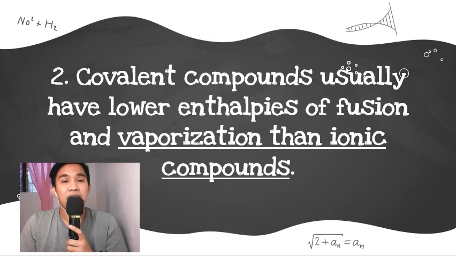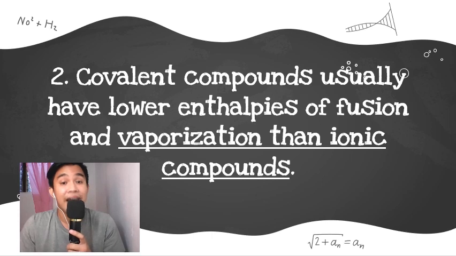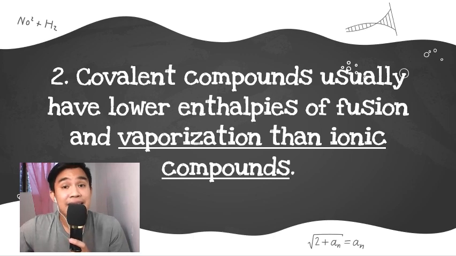Second property of molecular compounds, or covalent compounds, is that they usually have lower enthalpies of fusion and vaporization than ionic compounds. The enthalpy of fusion is the amount of energy needed at constant pressure to melt 1 mole of a solid substance.